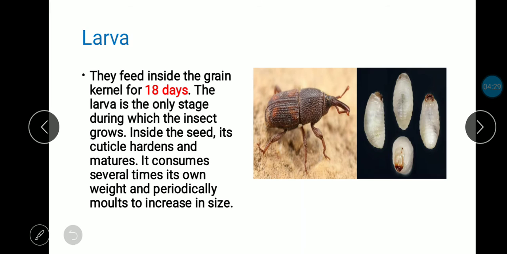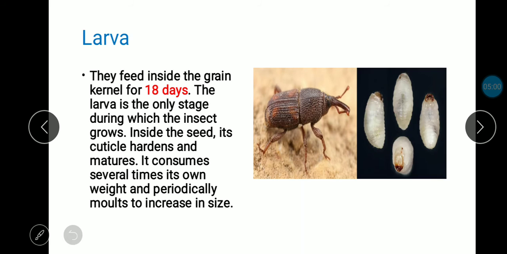The larva is the only stage during which the insect grows, and that growth occurs inside the grain. Inside the seed, its cuticle hardens and it becomes mature. It consumes several times its own weight and periodically molts to increase in size.